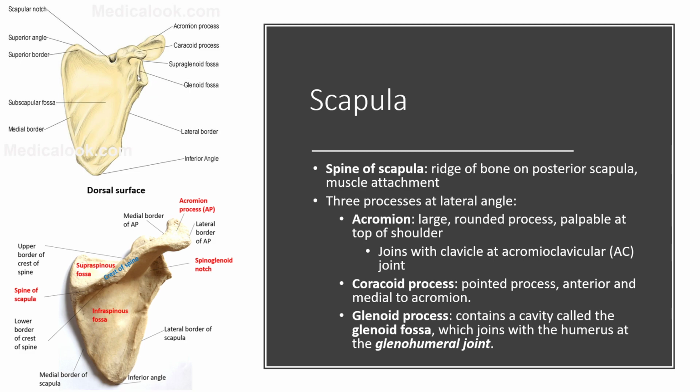We have the glenoid fossa, where the joint between the glenoid and the humerus is formed, glenohumeral. And then we have the acromion process, which is where the collarbone attaches. The acromion is large and rounded, you can see it from the back here. This is an actual bone you can see. And that joins with the clavicle at the acromioclavicular joint.